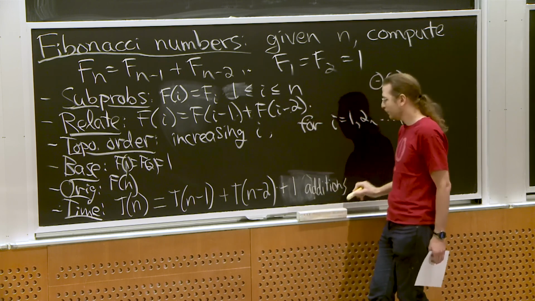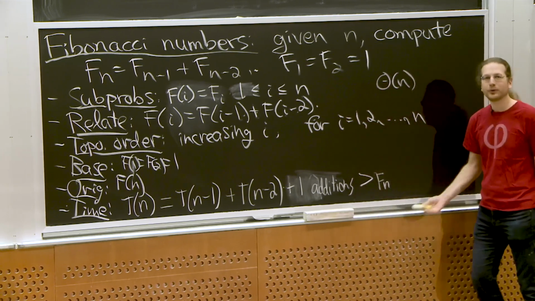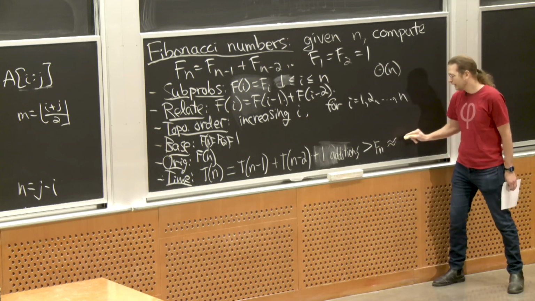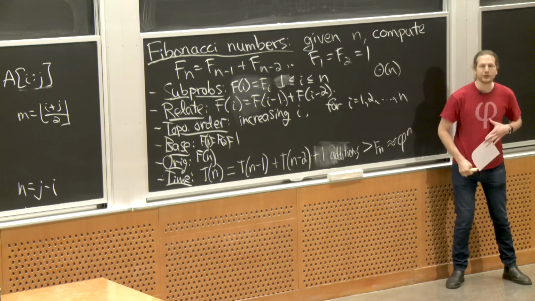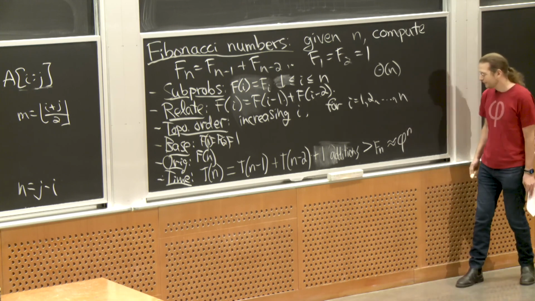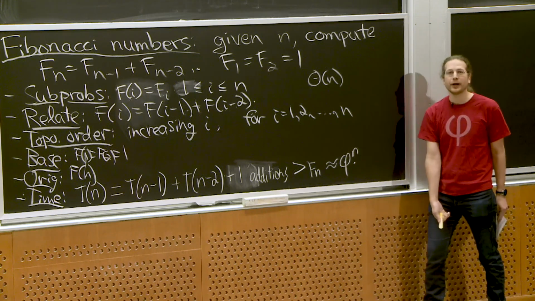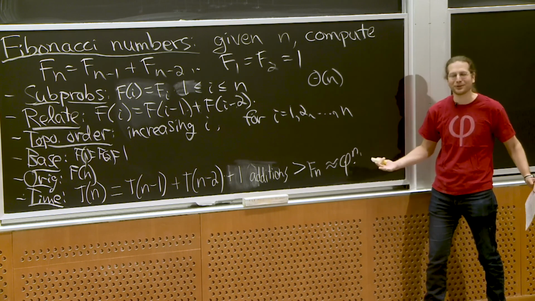OK, but this is bigger than the nth Fibonacci number. And if you know anything about Fibonacci numbers, they grow exponentially. They're about golden ratio to the n. I'm wearing golden ratio in case you forgot the number. So that's bad, because golden ratio is bigger than 1. So this is exponential growth. As we know, especially in this time, exponential growth is bad.